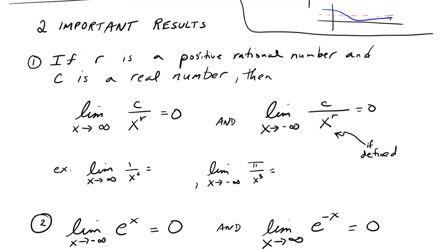So let's take a look at two important results that we're going to use quite frequently. The first says that if r is a positive rational number and c is a real number, then we're looking at the limit as x approaches infinity of some constant c over a positive rational power of x.